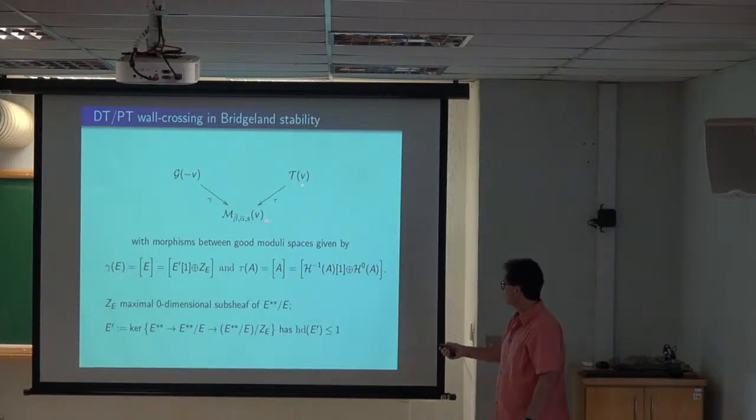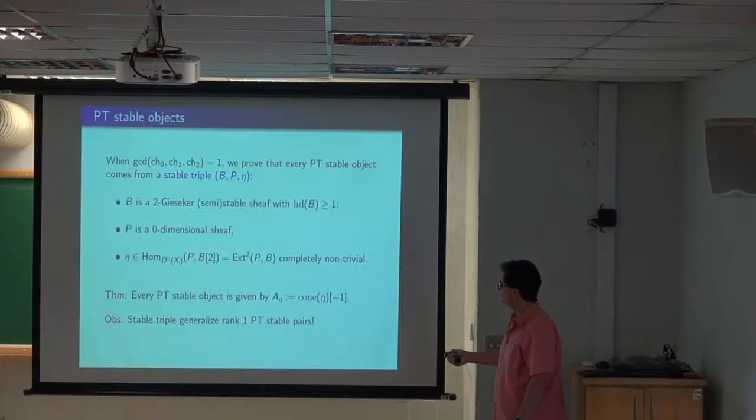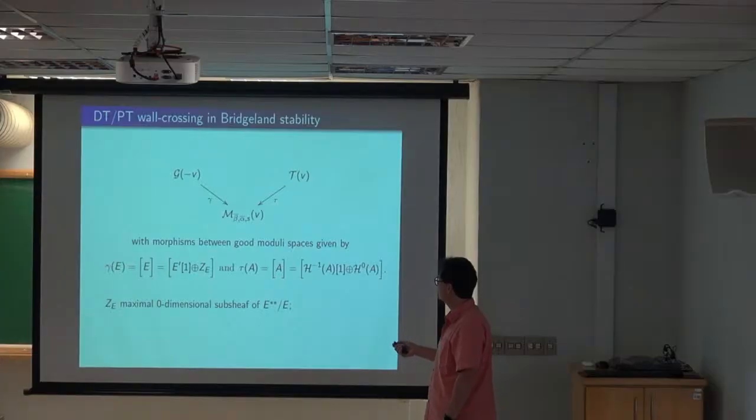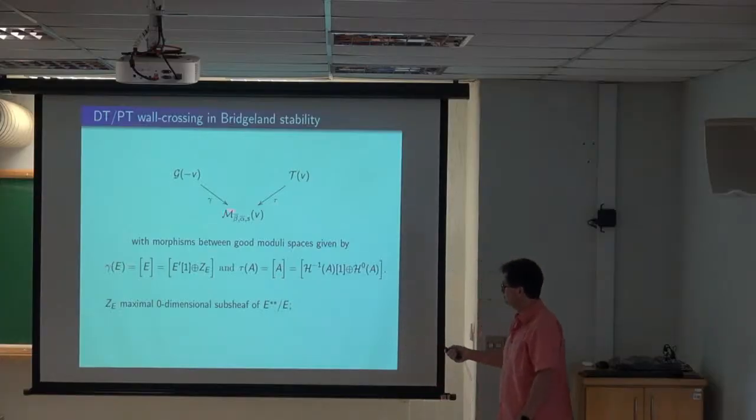And this map here just takes the two non-trivial cohomologies of the PT stable object. The two non-trivial cohomologies are just these B and P here. So this is the H^-1 and this is the H^0 of the PT stable pair. So that's what this map does.